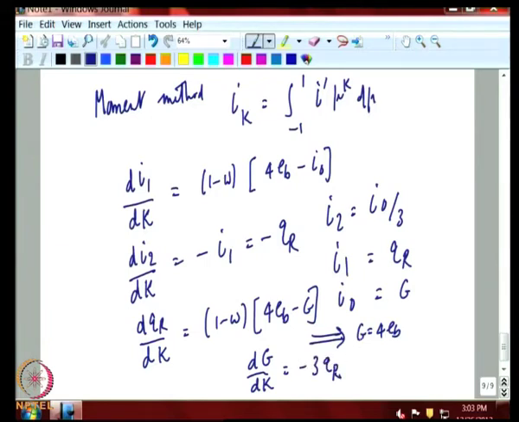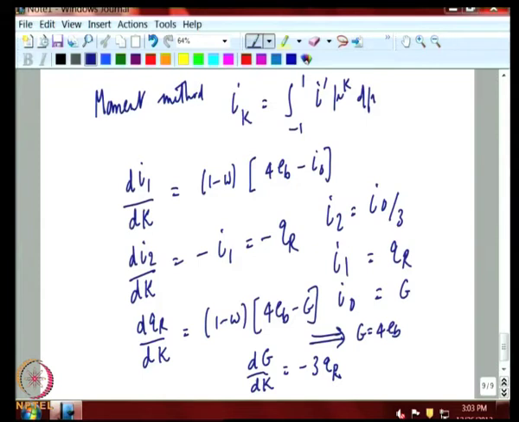Now, I wanted to compare this with the previous approximation, which was done somewhat differently. We got dG d kappa is minus 4 QR. That is a difference in the manner in which you do the angular integration of the intensity. Here we invoked a higher order approximation, the earlier one was a lower order approximation.